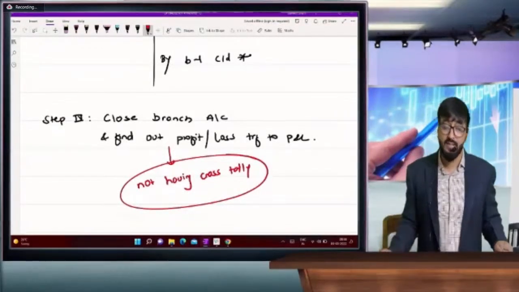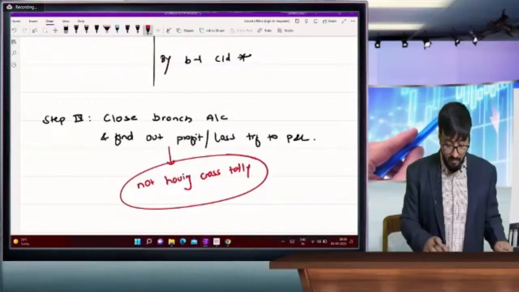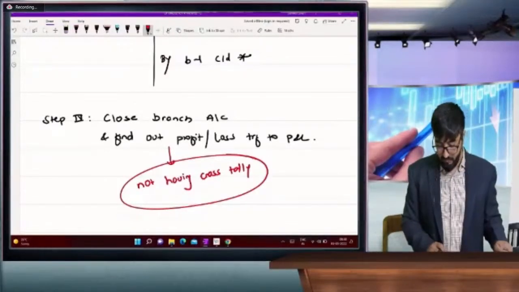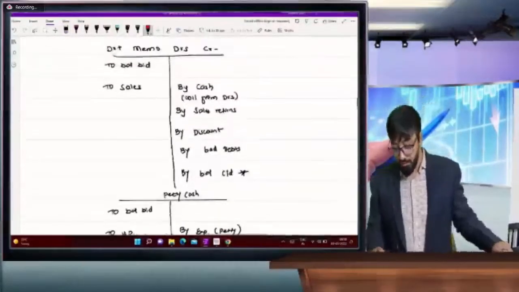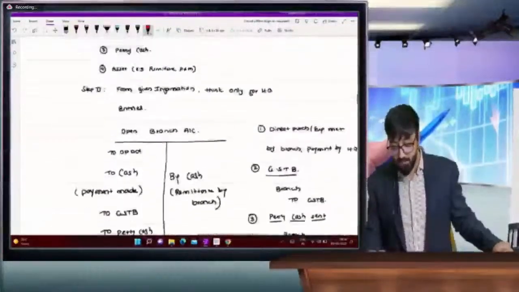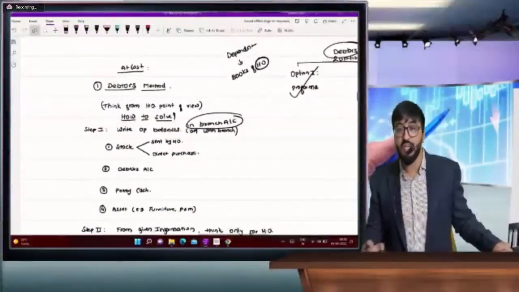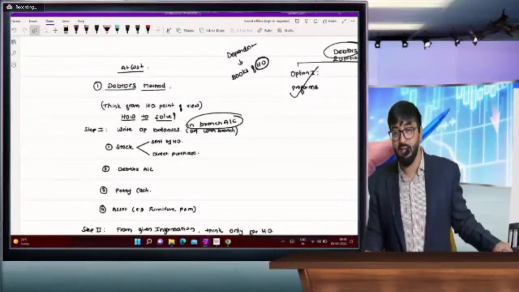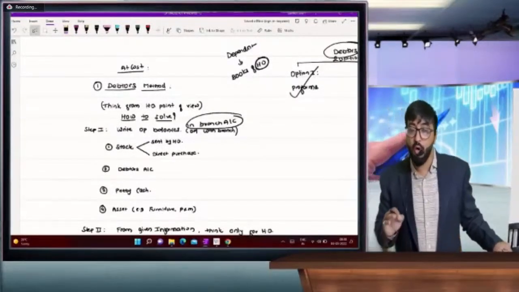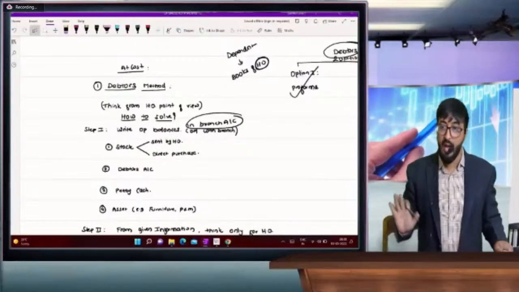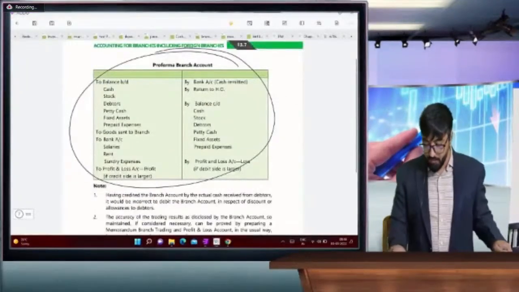So my friends, this is a simple method. If you understood all these 4 steps, you are going to solve any question of debtors method if this concept is clear to you. Otherwise, I will give you one more chance.